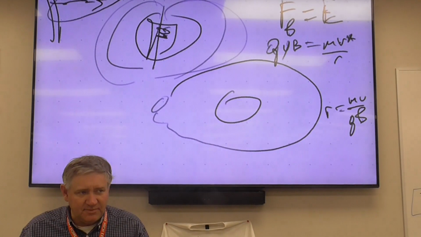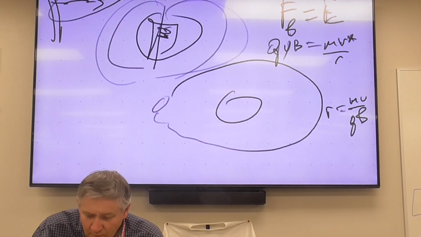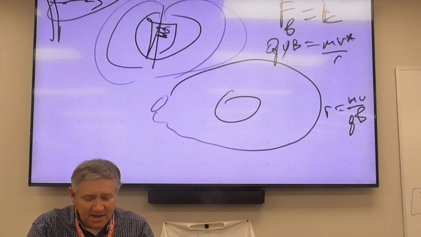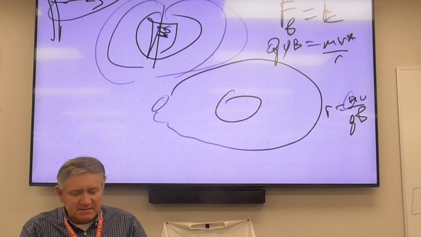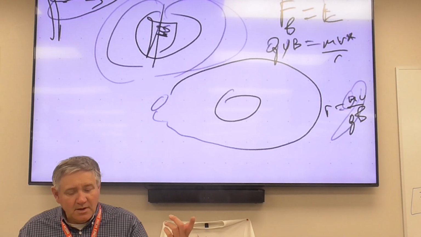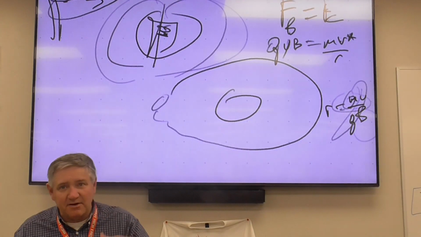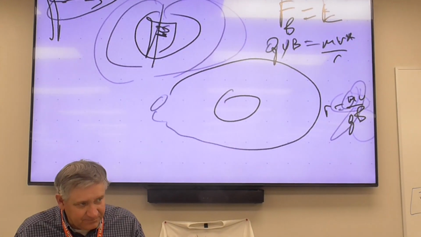Now, here's the fundamental difference when you look at 25. On 25A, everything's going to be the same except that it's an electron. On 25B, everything's going to stay the same, except now you're going to use the mass of the proton.